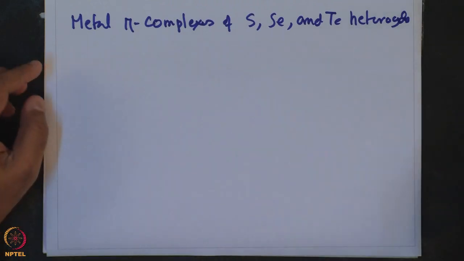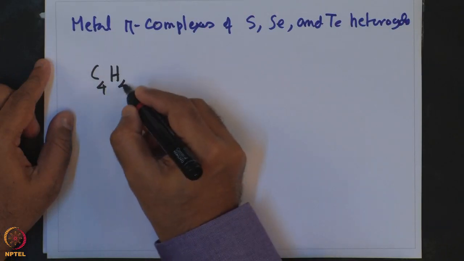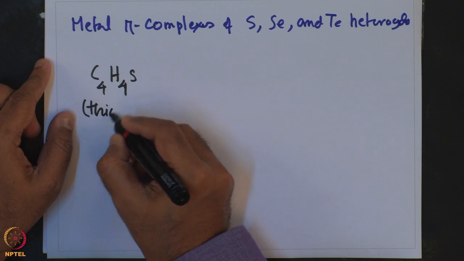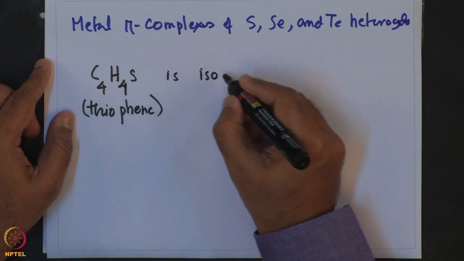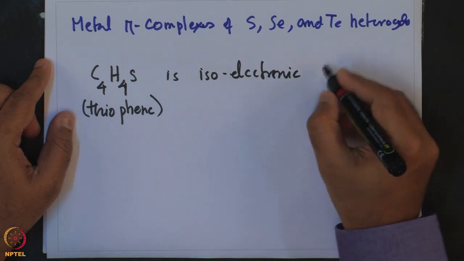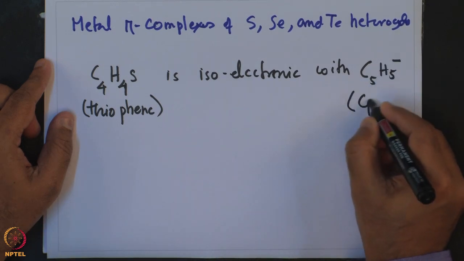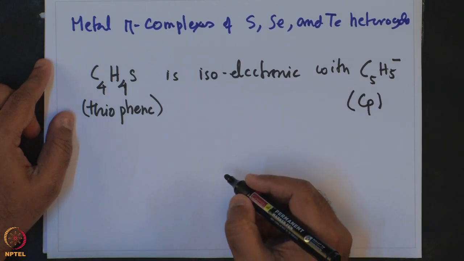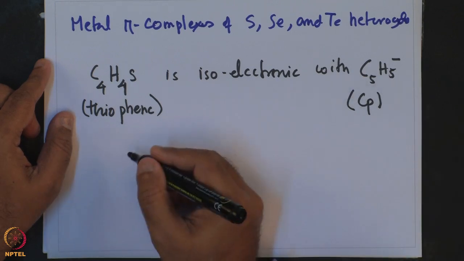Though thiophene is isoelectronic with C5H5 minus, it behaves as more weakly basic, like benzene.